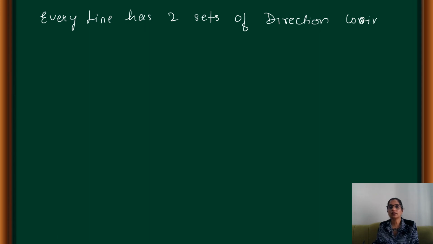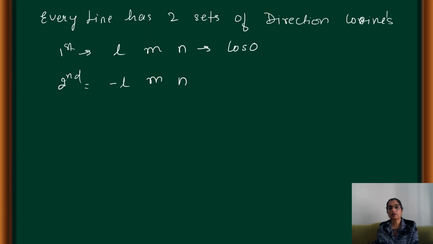The first set is L, M, N, and the second set is minus L, minus M, and minus N. This is actually the cos theta value, and this is the minus cos theta value, that is, pi minus theta that we take, correct? So basically these are the sets of direction cosines. Every line has two sets of direction cosines.